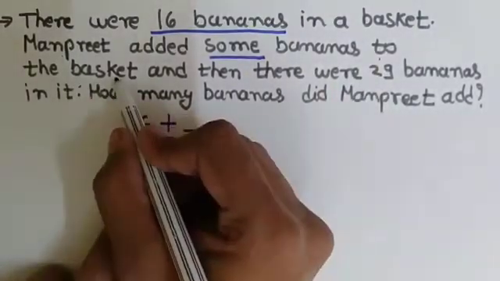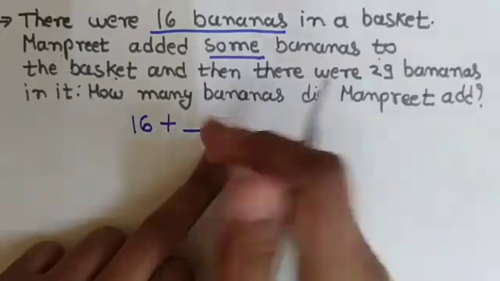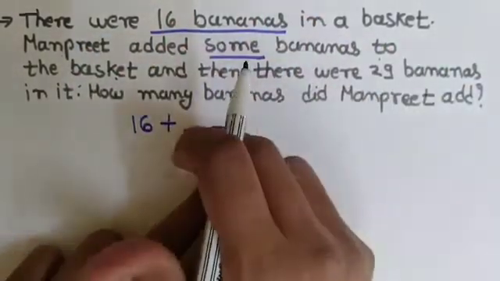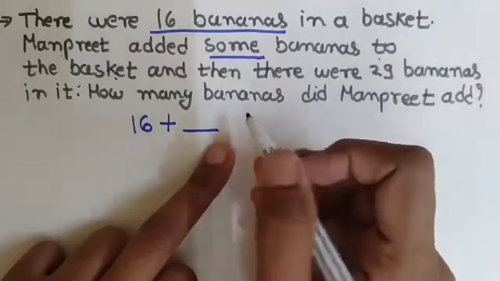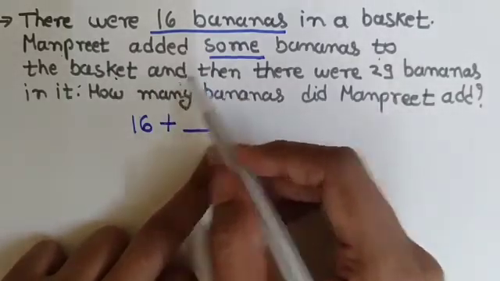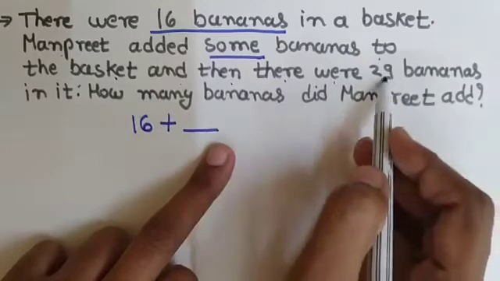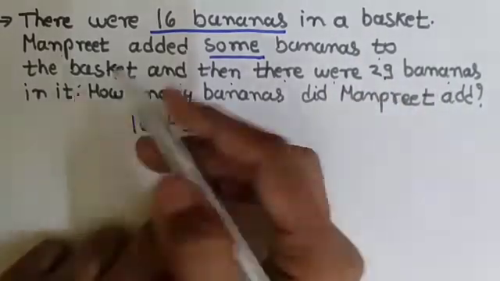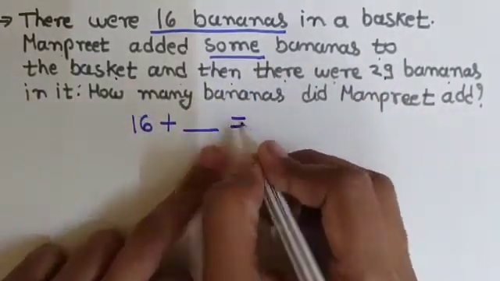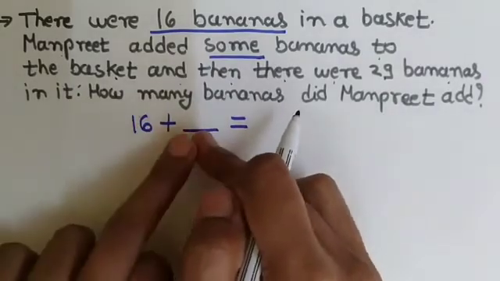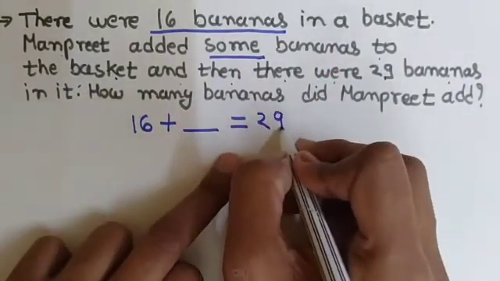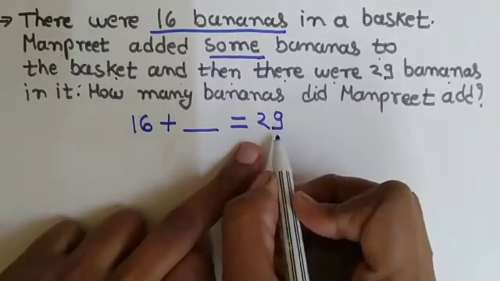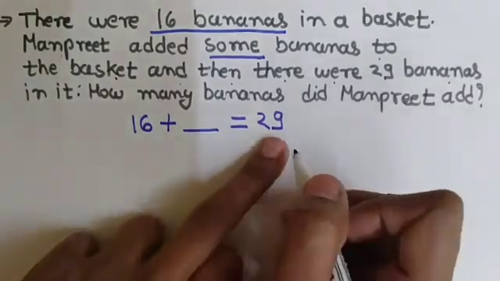In the basket, Manpreet added some bananas, but we don't know how many. And then there were 29 bananas in it, means after adding, 16 plus something, after putting more bananas, the total number of bananas is 29.